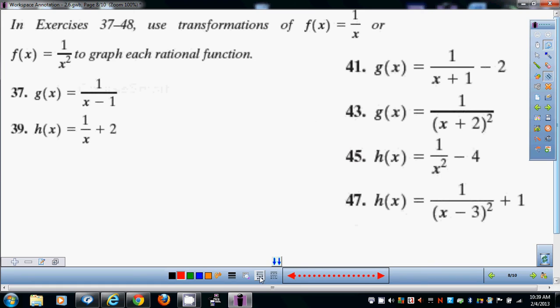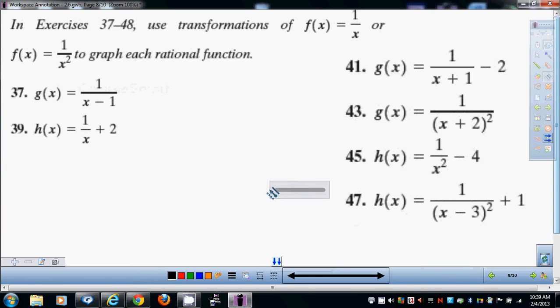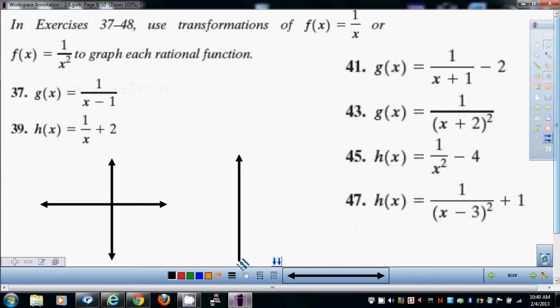I'll do 1 over x. And I'll do 1 over x squared. Okay. 1 over x looks like this. Doesn't even have to be perfect. And 1 over x squared, like we did in the DOM, looks like this.